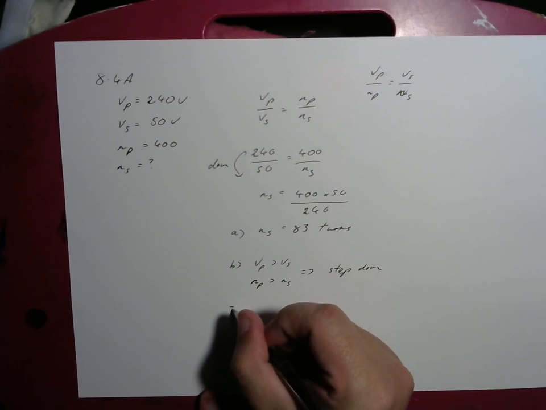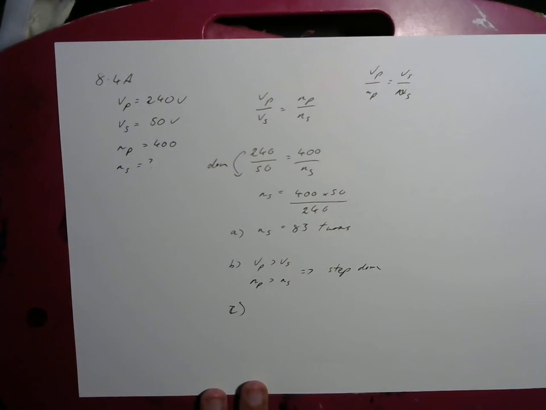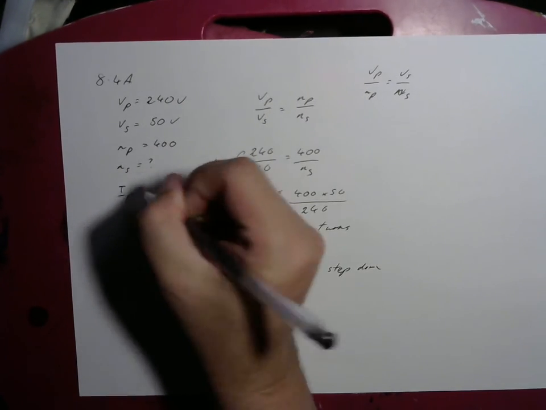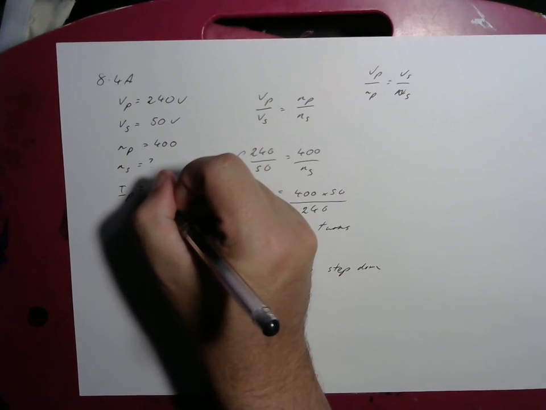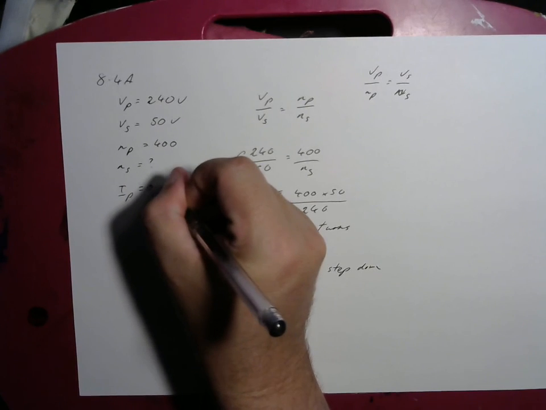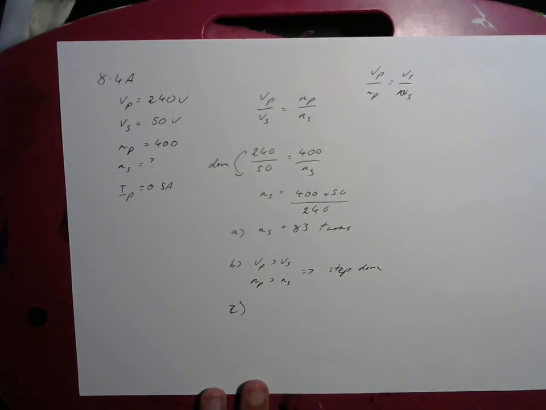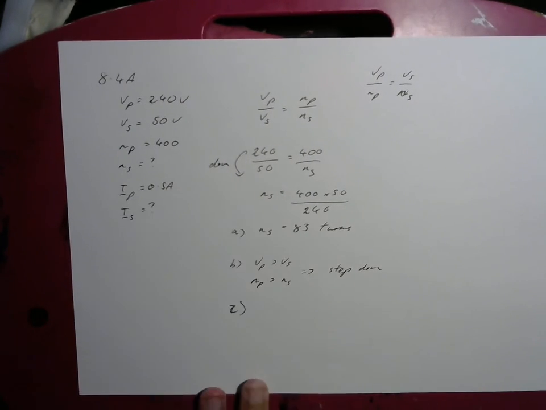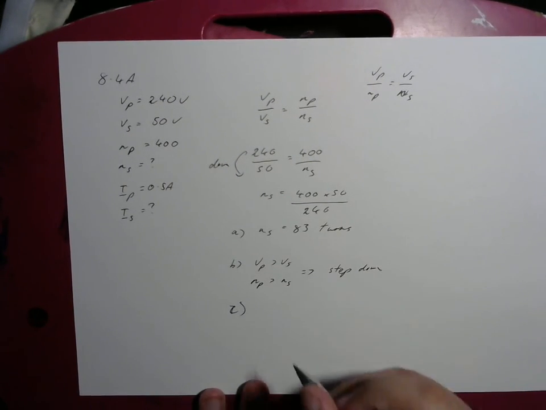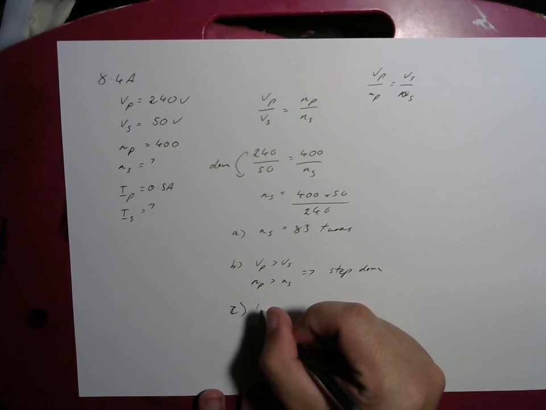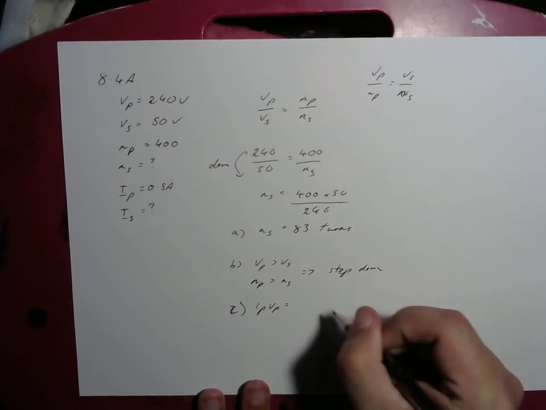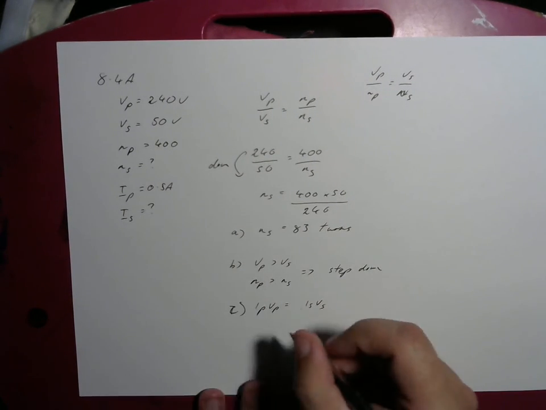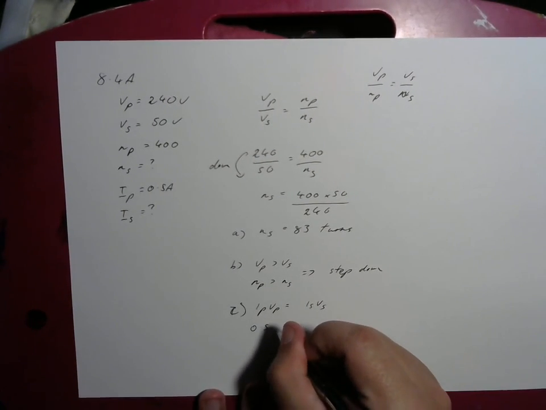Now I'm going to do an optional extra here. This is not in the book. Let's say that the original current on the primary is, let's say, 0.5 amps. Okay, and we want to know, well, what's the current on the secondary going to be? So now we're going to use the other formula. Ip Vp equals Is Vs. Ip I made up as 0.5 amps.